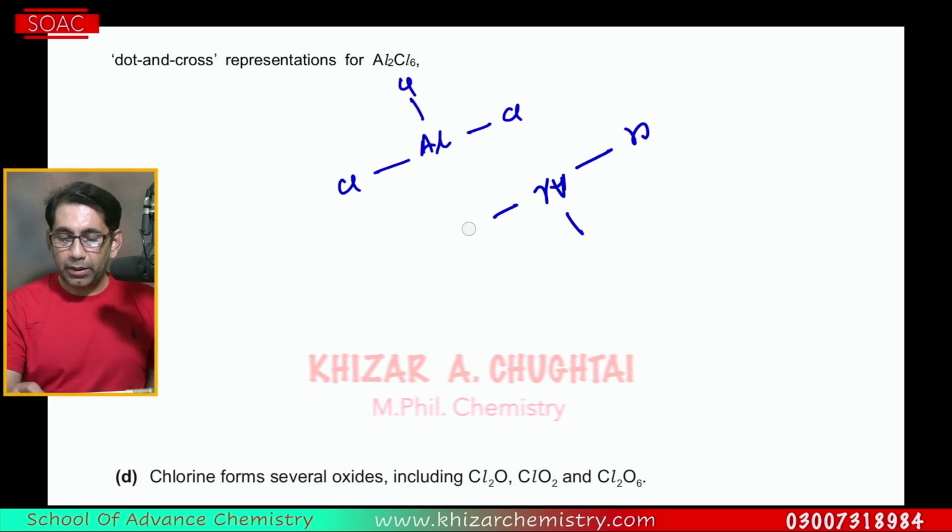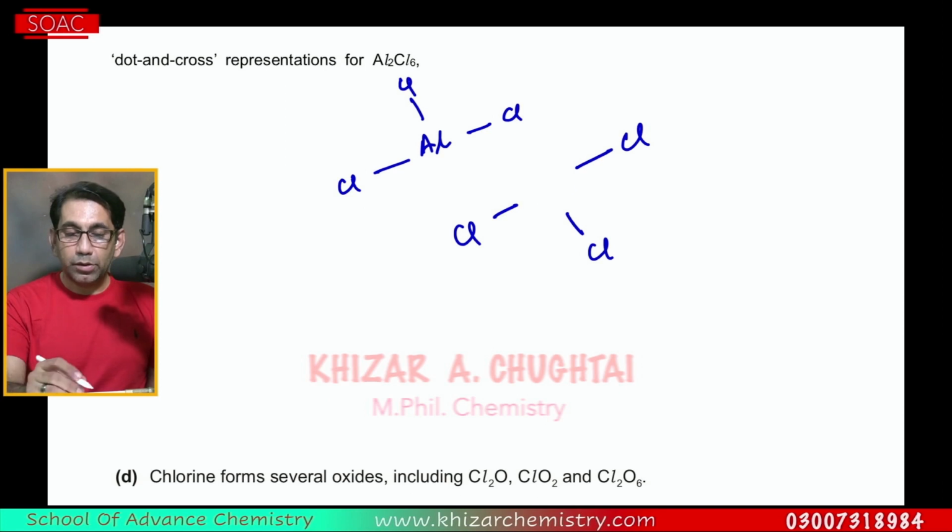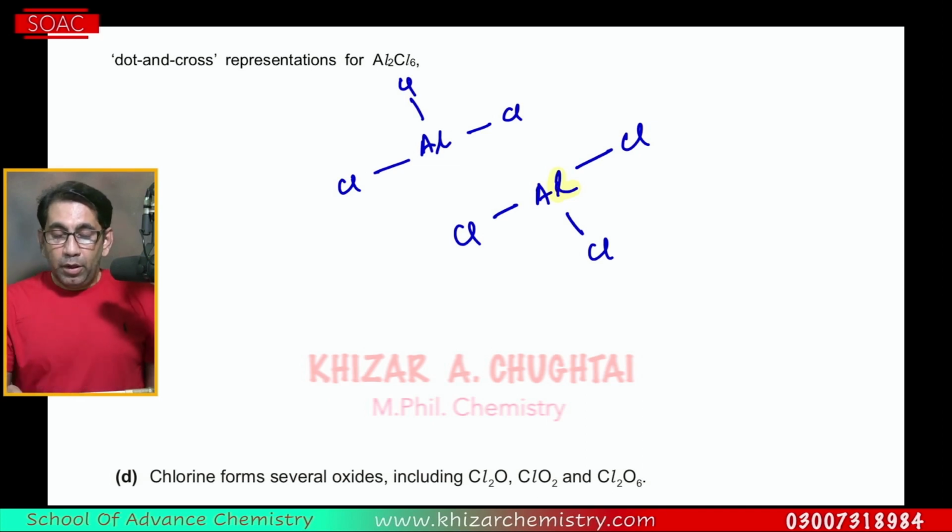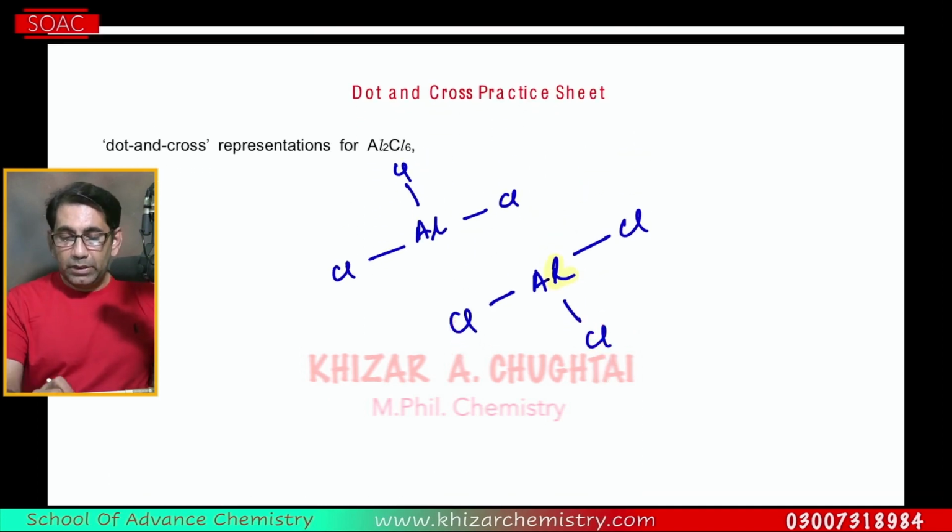I can rewrite the Cl, Cl, Cl, and here is the aluminium. So I'm writing Al over here, and Al over here. Now this aluminium atom over here and this aluminium lying over here are not having the complete octet.